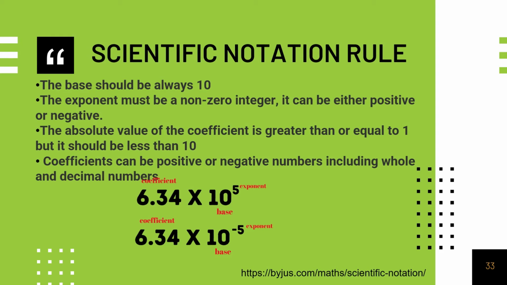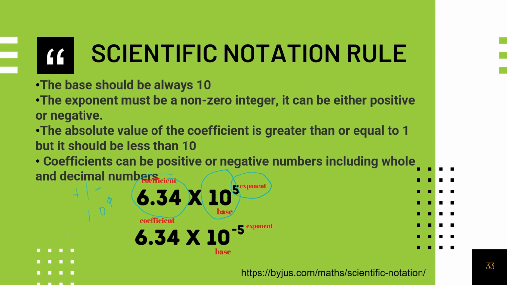So always remember sa rule in scientific notation, meron tayong coefficient, meron tayong base, at meron tayong exponent. Sa coefficient natin, it can be negative or positive. And this coefficient must be 1.0 up ang kanyang value.